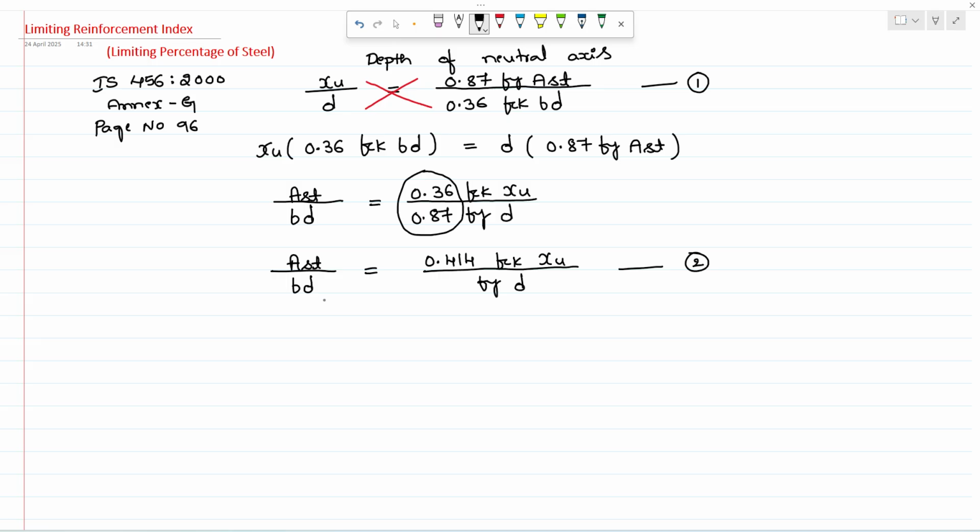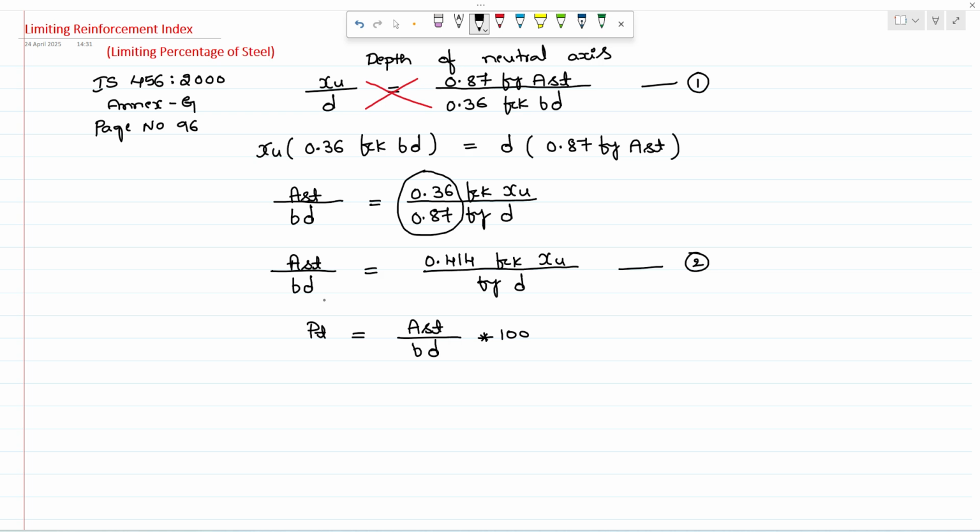So from basics of RCC, we know the formula, percentage of steel pt equals Ast divided by bd multiplied by 100. So this is the equation for percentage of steel.